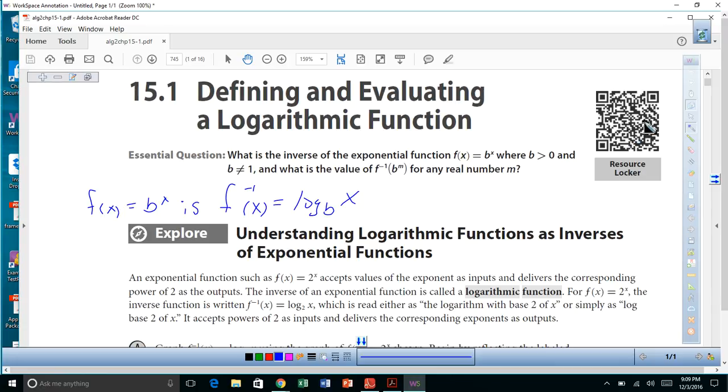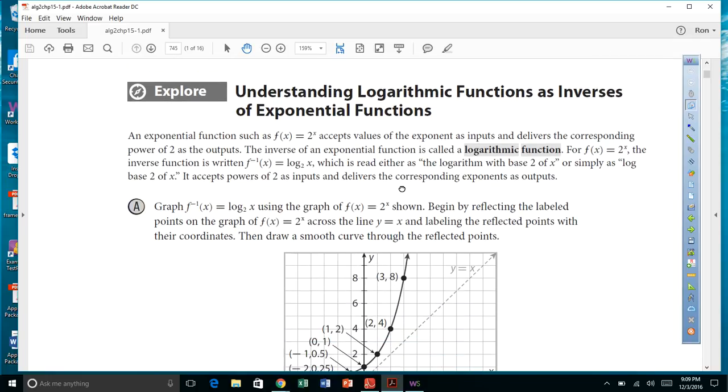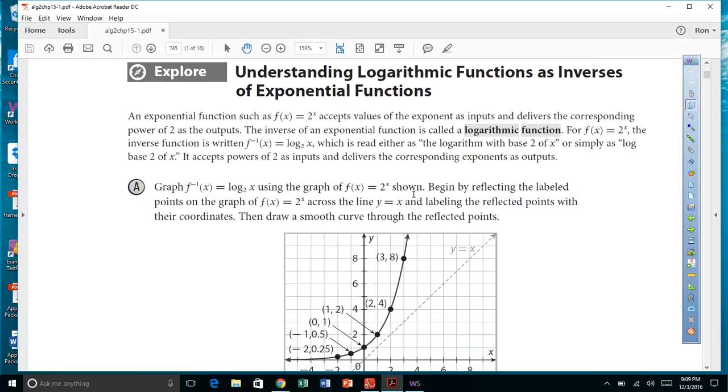Understanding logarithmic functions as inverses. An exponential function such as f of x equals 2 to the x accepts values of the exponent as inputs and delivers the corresponding power of 2 as outputs. The inverse of an exponential function is called a logarithmic function.